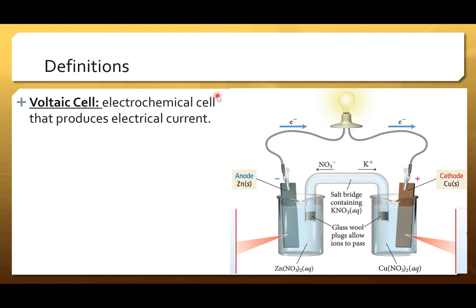And then the cell just tells us that this is a closed circuit, a closed system. So a chemical reaction in a closed system that produces some flowing electrons. That's a Voltaic cell. Half cell is where each of the half redox reactions happen. So this beaker is a half cell, and this beaker is a half cell. So it's where the half redox happens.